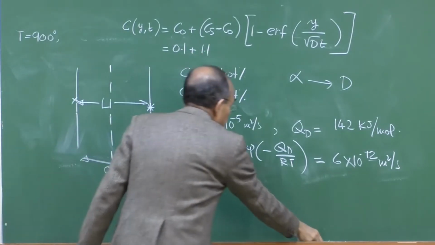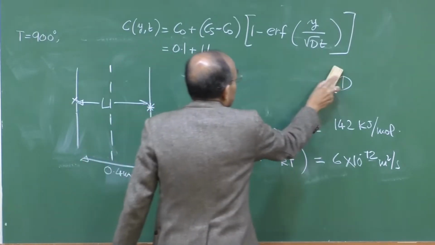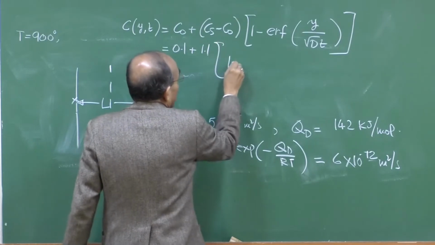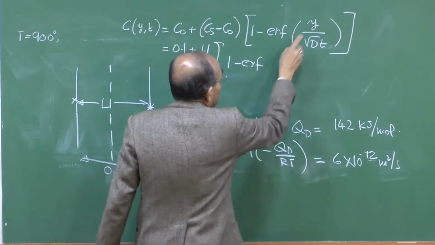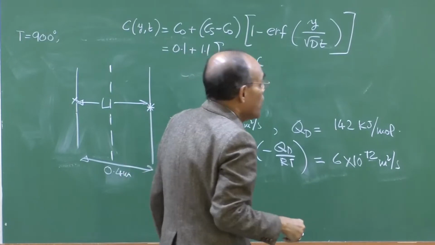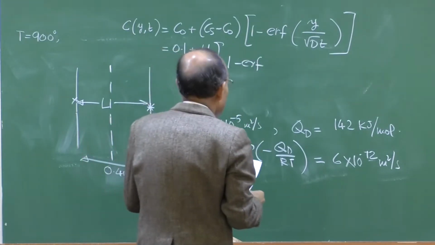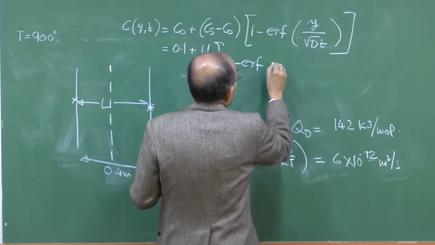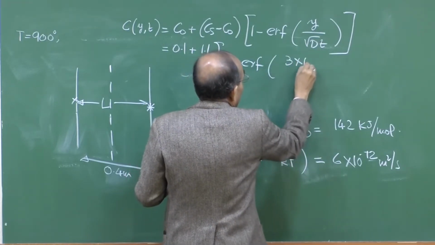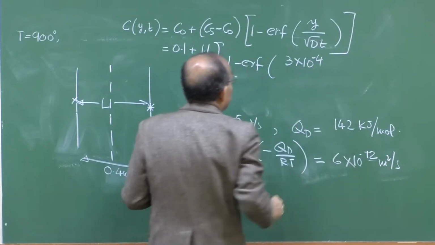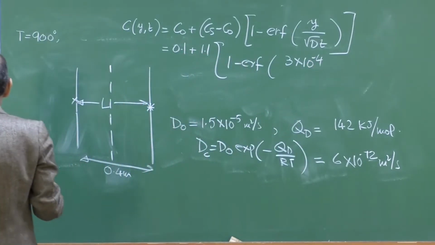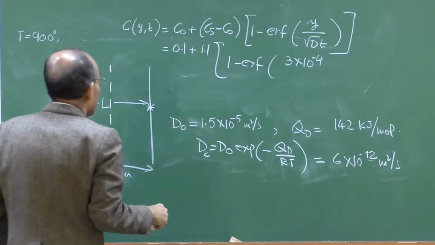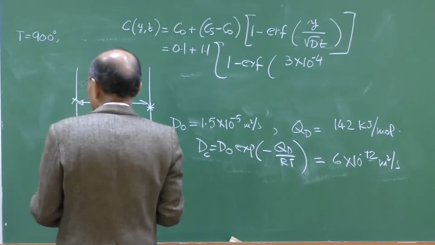and then we can say that this comes out to be 1 minus error function of y, which is equal to 3 millimeter. So, it is 0.3 millimeter. So, 0.3 millimeter means 3 into 10 to the power minus 4, and then here what we have gotten is something like 0.4.